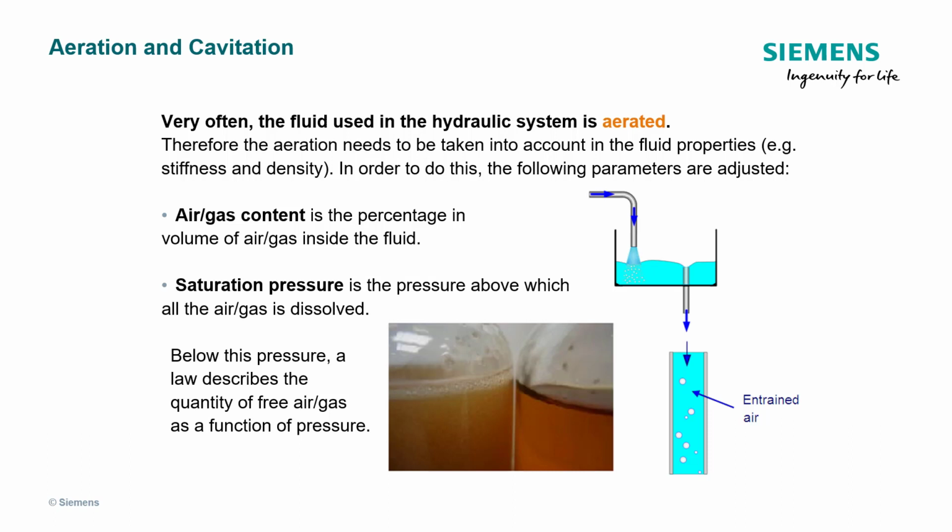In SimCenter MSim, you can use air-gas content to set the volumetric percentage of air or gas inside the fluid. The saturation pressure is a pressure above which all the gas is dissolved. Below this pressure, there is a law describing the quantity of free air or gas as a function of pressure.